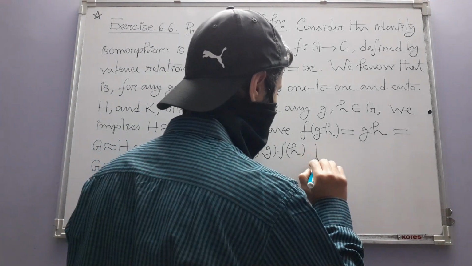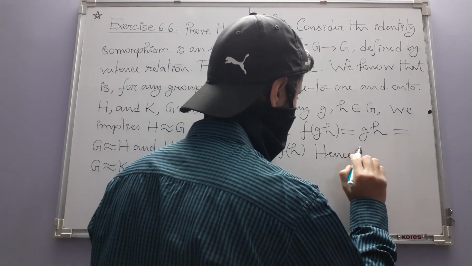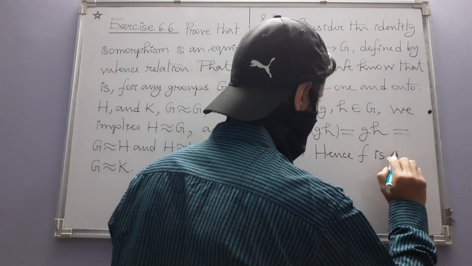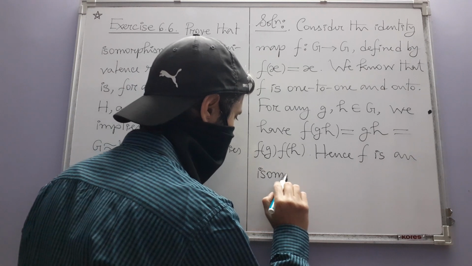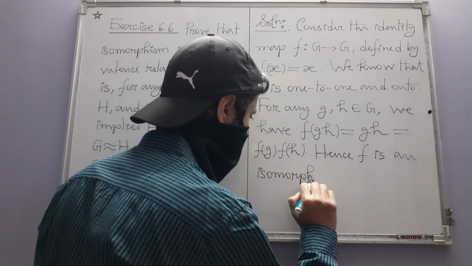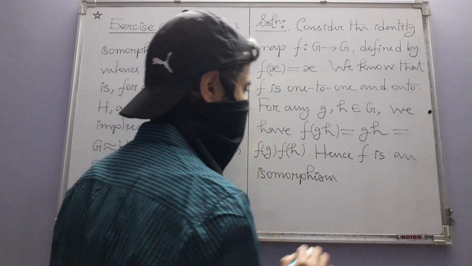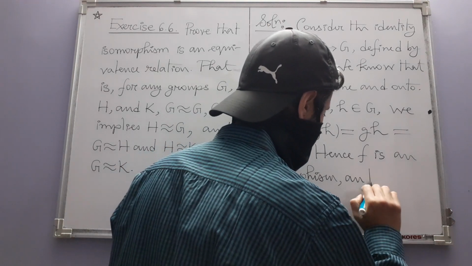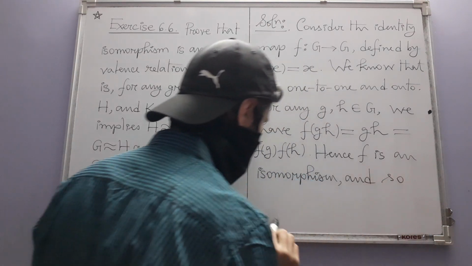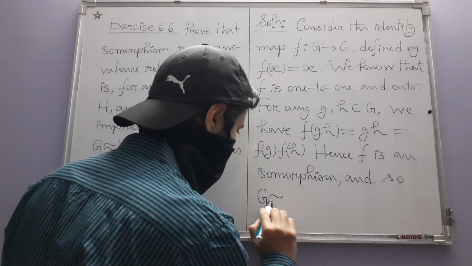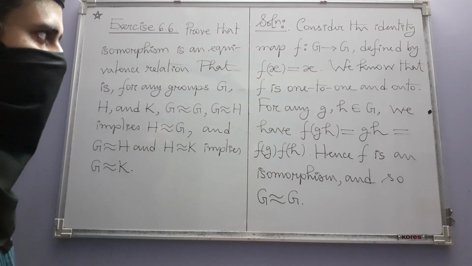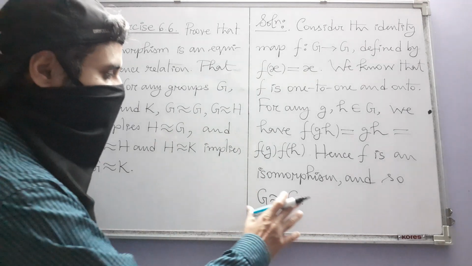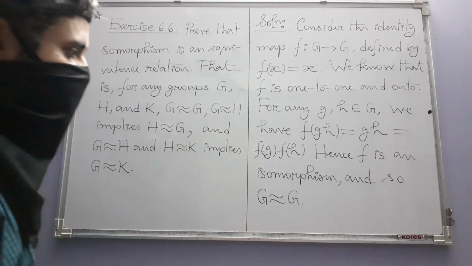Hence, F is an isomorphism, and so G is isomorphic to itself. So that is one third of this solution.